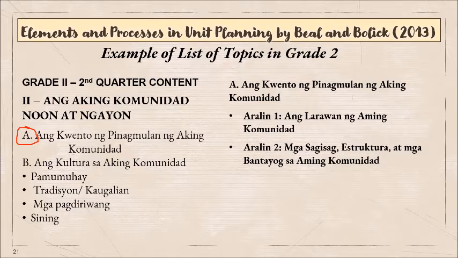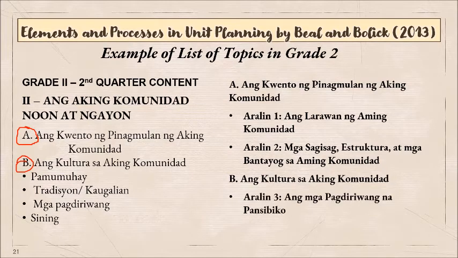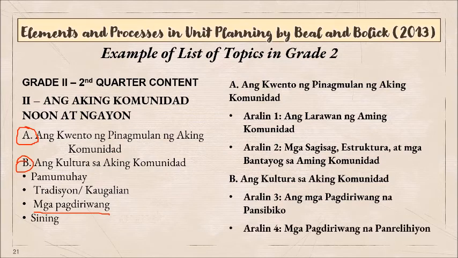At dito naman sa letter B, ang kultura ng aking komunidad. Under that, yung subtopics, ang mga pagdiriwang na pansibiko. Okay? Papasok siya dito sa mga pagdiriwang. At meron pa, ang mga pagdiriwang na panrelihiyon. Okay? Dito rin siya papasok sa mga pagdiriwang at sa tradisyon.